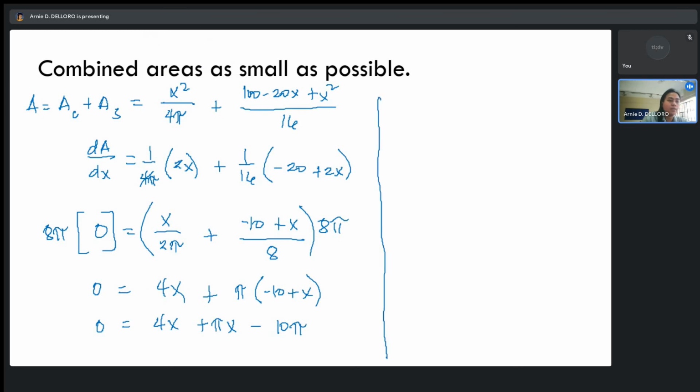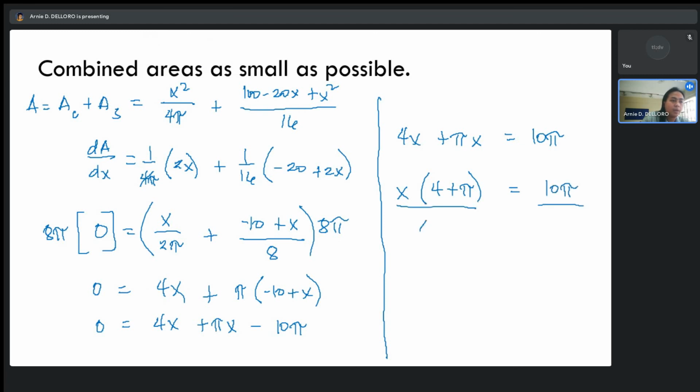Okay? Since pi is an irrational number, ano po, so pwede natin siyang ilipat dito sa kabilang side ng equality symbol. So this will give us 4x plus pi x equal to positive 10 pi. Then we can factor out x. Now we have x times 4 plus pi equals 10 pi.